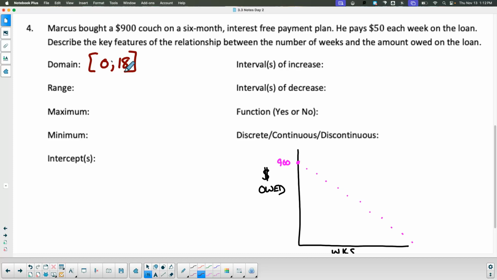Agree with that? Yeah. Because it's going to take him 18 weeks to pay it off at $50 a week. And the kicker here is the interest-free part. Every time, he's paying $50. What would my range be then?